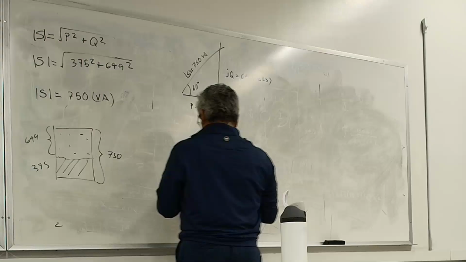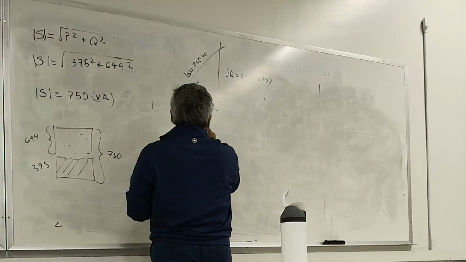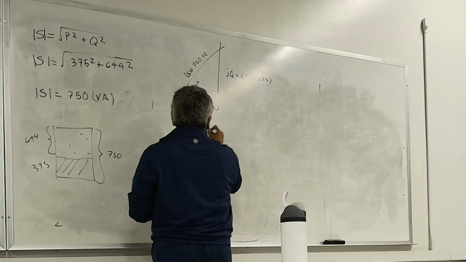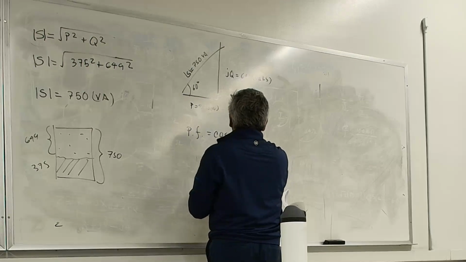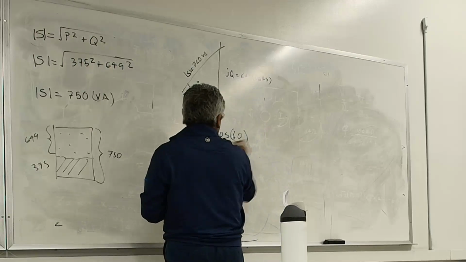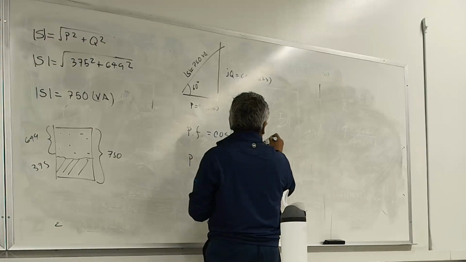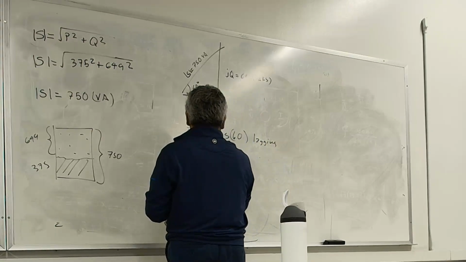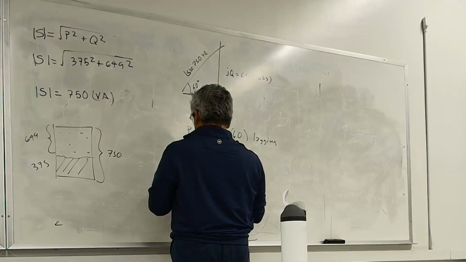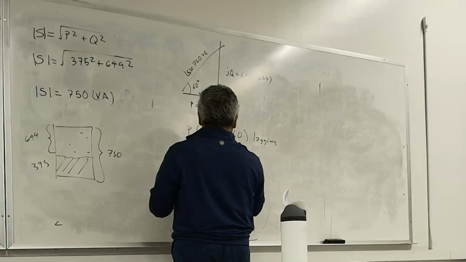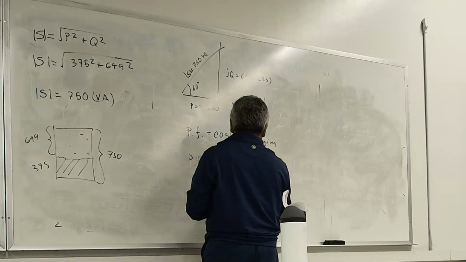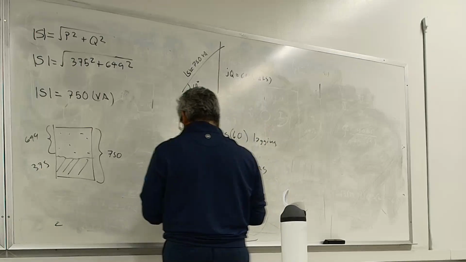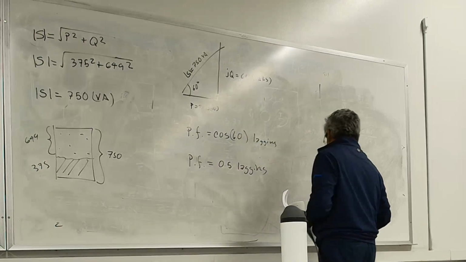So the power factor is cosine of 60 degrees, lagging. So the power factor for this is equal to 0.5 lagging. This is not good. It's a very poor power factor.